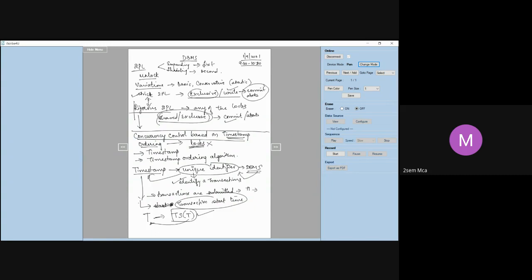First transaction will get the first ID, second transaction will get the second ID, and so on. Hence, a timestamp can also be called the transaction start time. Whenever that transaction is submitted and starts execution, that is when an ID is assigned to it as a timestamp. A timestamp of a transaction is always referred to as TS of T.